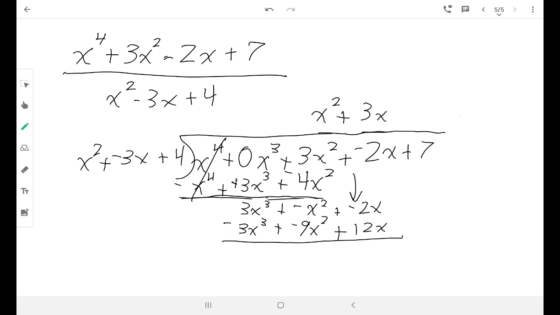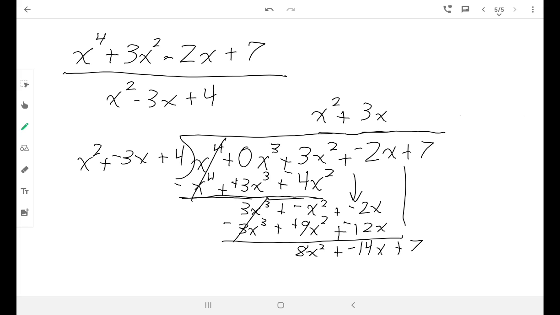Change the signs so that I am subtracting. Those two cancel. They better cancel. That's how I designed it. And then negative x squared plus 9x squared will give me 8x squared plus negative 2x plus negative 12x is negative 14x.